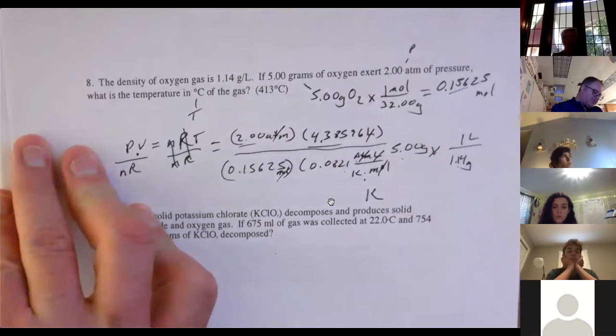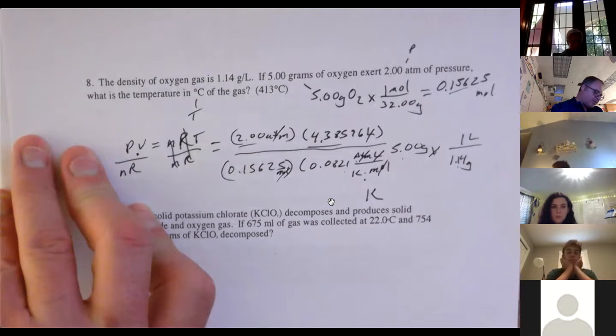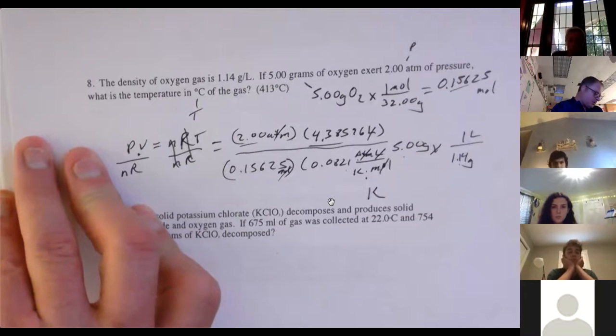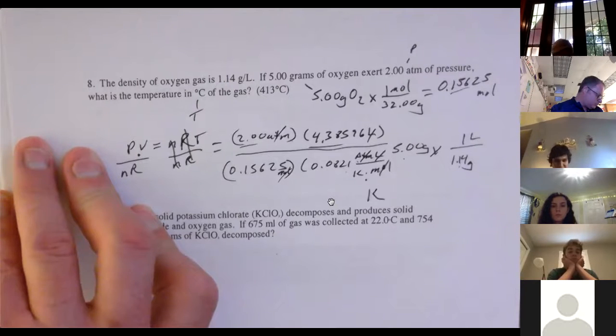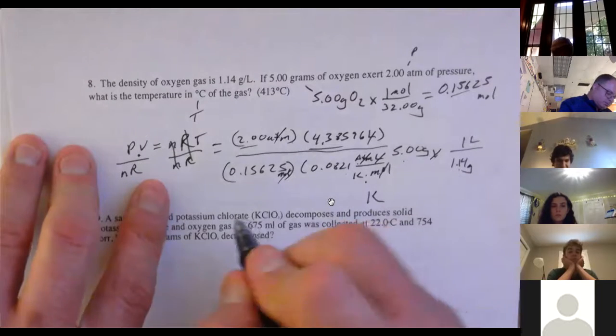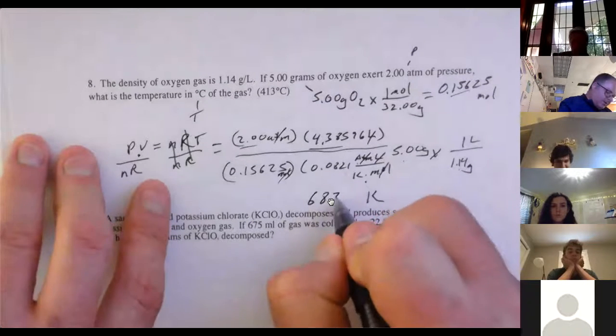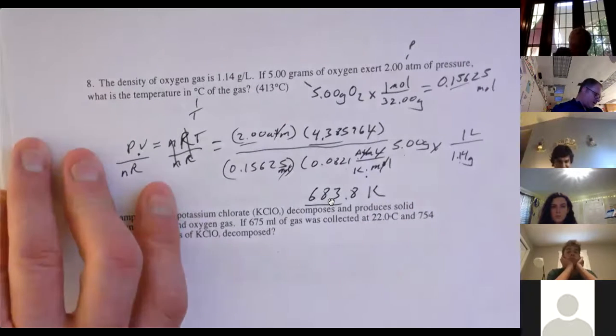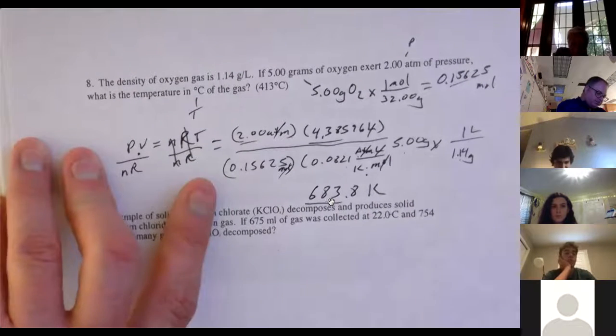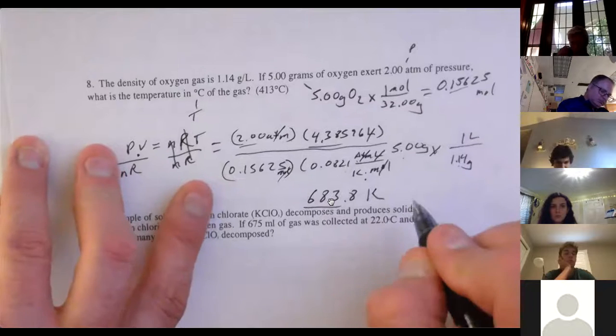2 times 4.38596 divided by 0.15625 divided by 0.0821. It's about 683.8037. So 683.8 Kelvin. 683.8 minus 273 is 410.8.